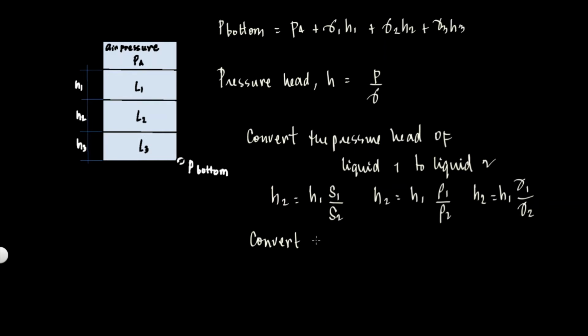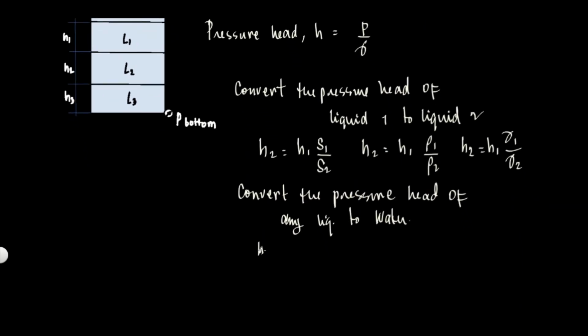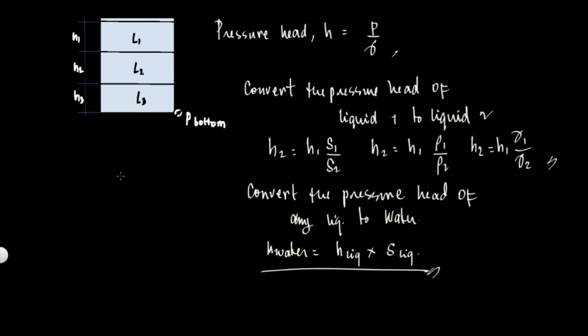So, the height of water is equal to the height of the liquid times its specific gravity. That's all. So, these are the formulas we need. Okay, so let's have some examples.